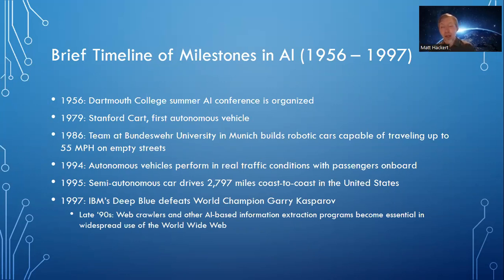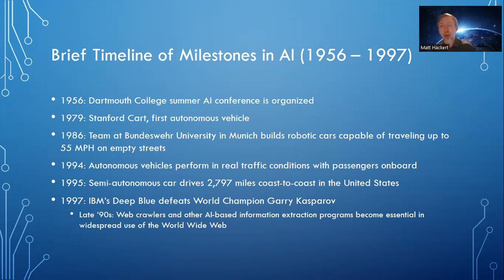1994, passengers on board the twin robot cars VaMP and VITA-2 of Ernst Dickmanns and Daimler-Benz drive more than 1,000 kilometers on a Paris 3-lane highway in standard heavy traffic at speeds up to 130 kilometers per hour.